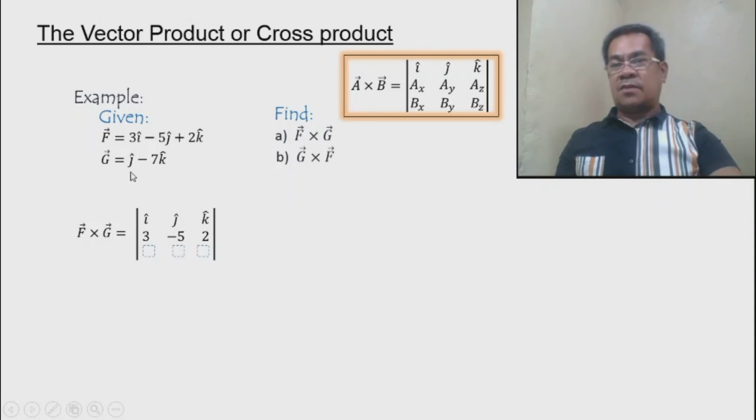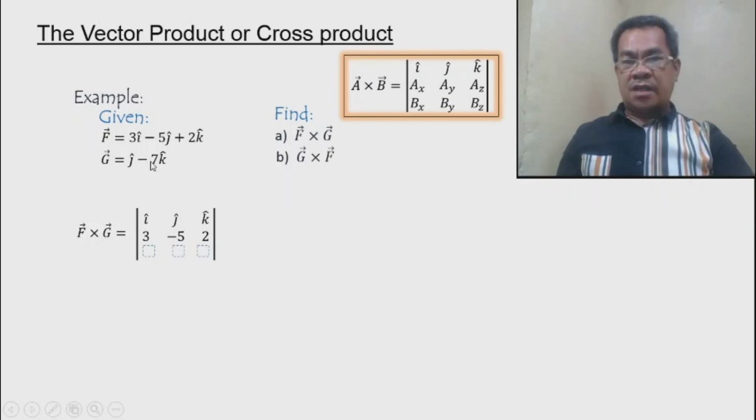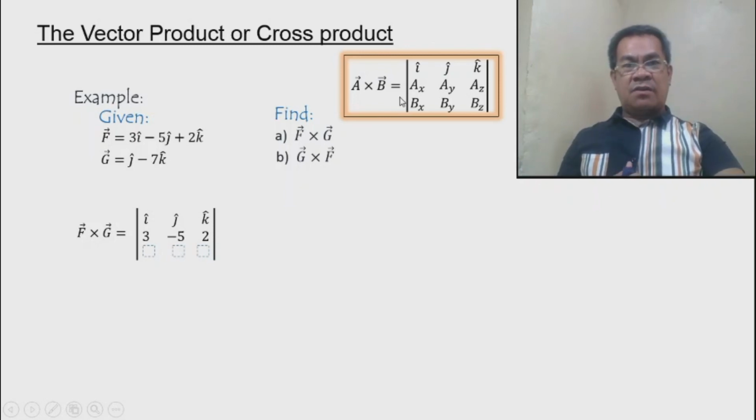But take note, look at this one. There is no presence of I. We have only J and K. The J is understood to be 1 component, and this one is 7. But you have to include the sign. So, take note that we include the sign because in our formula here, we assume positive, but this differs depending on the given situation.